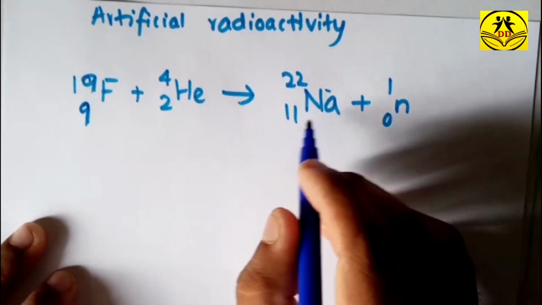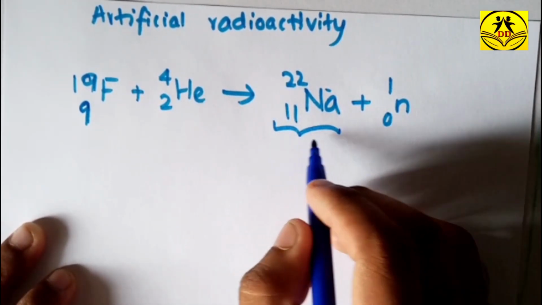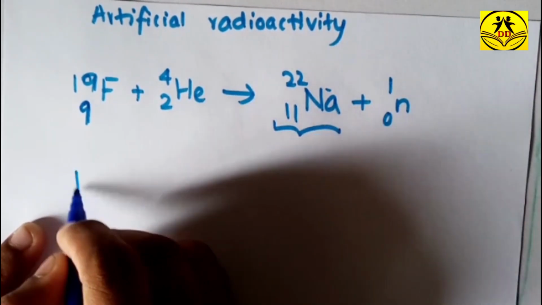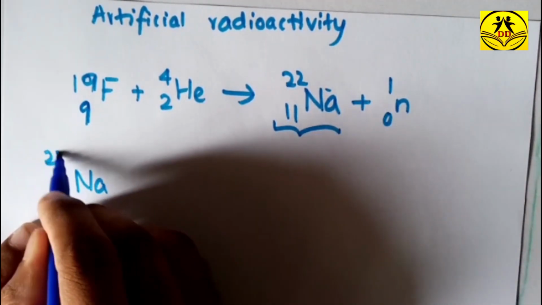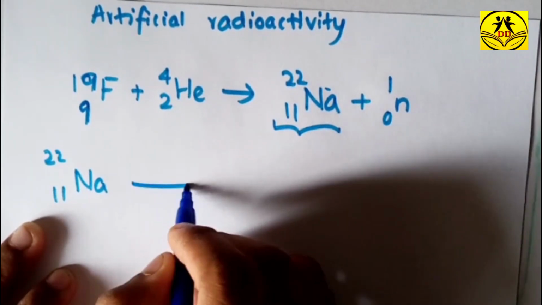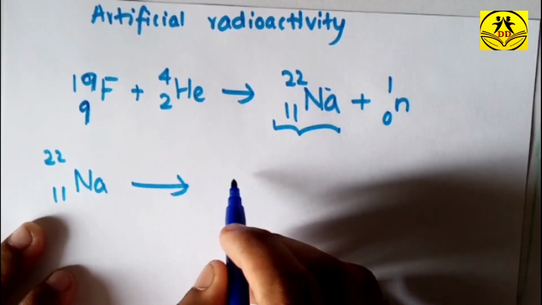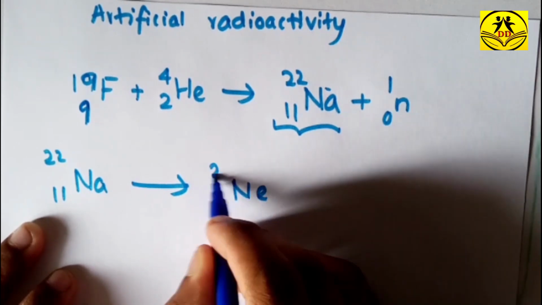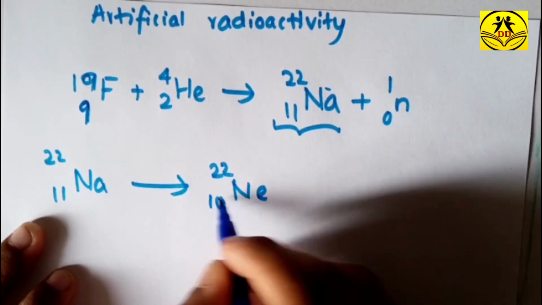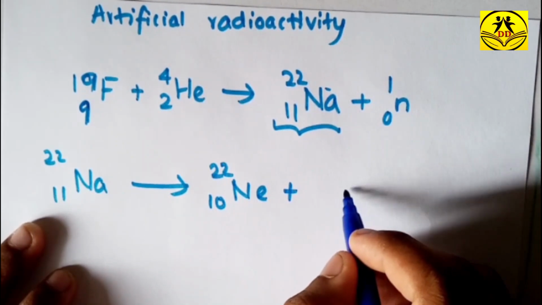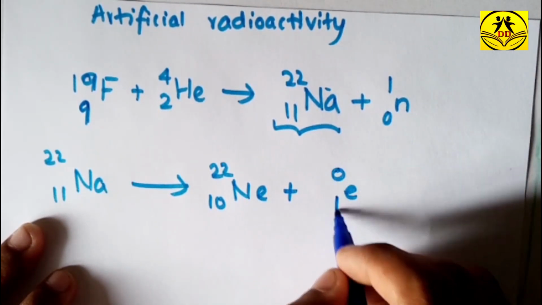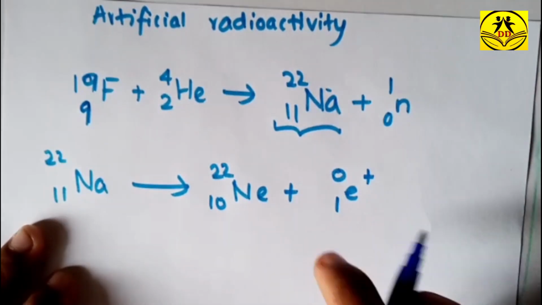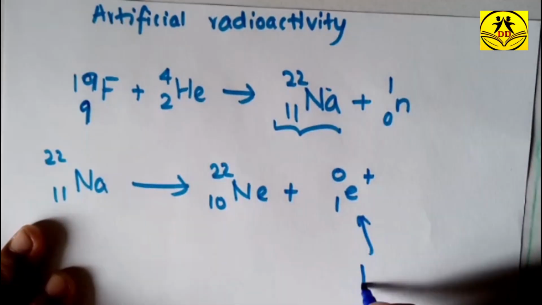When we take this artificial radioactive element, we can observe that it will decay into neon 22 10 by emitting a special type of particle which is called a positron.